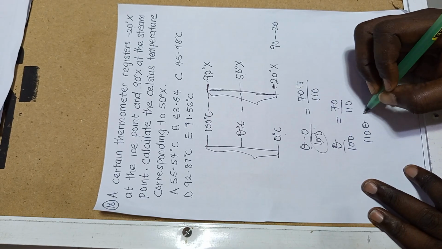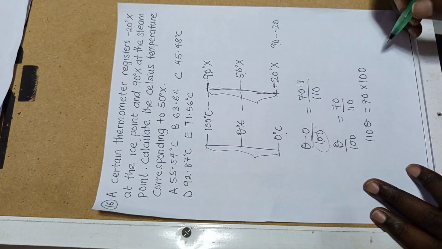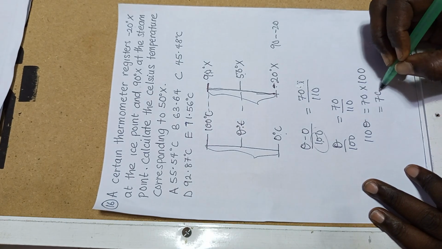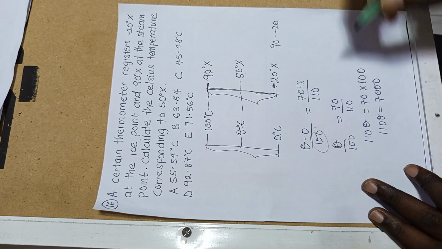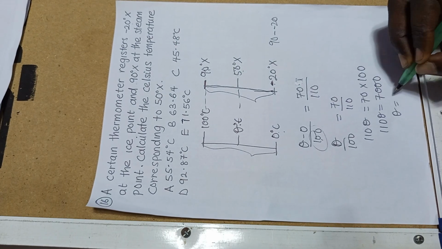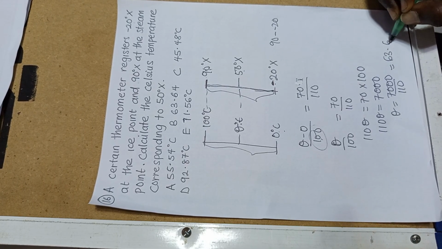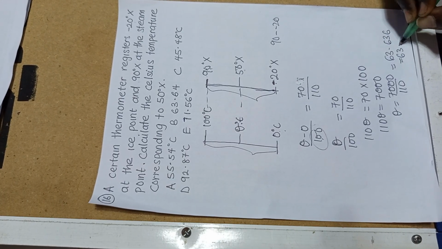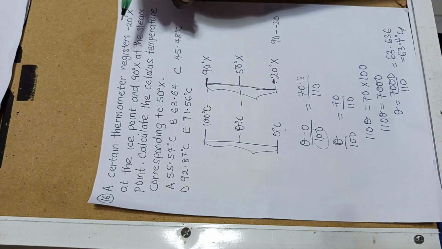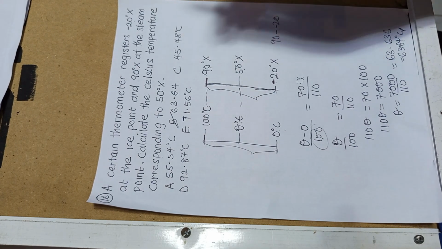Cross multiplying, 110 theta equals 70 times 100, which is 7,000. Theta is 7,000 divided by 110, which gives 63.636, approximately 63.64 degrees. So we are done with this part. I believe you enjoyed it.